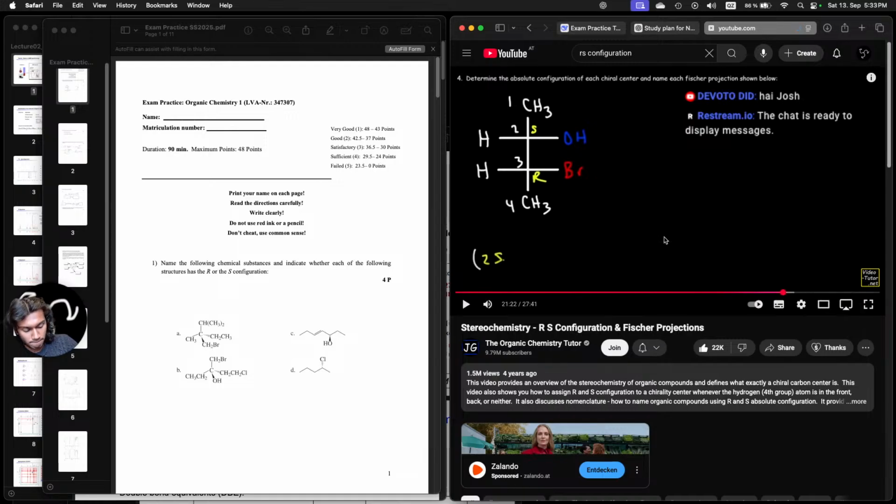And on carbon 3, we have the R configuration, so 3R.